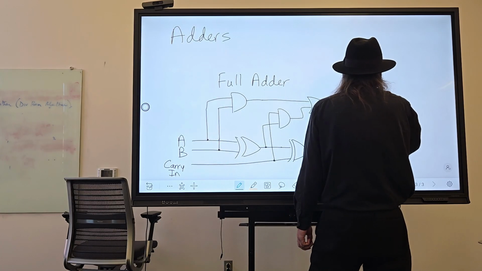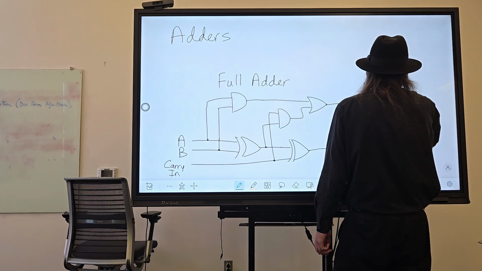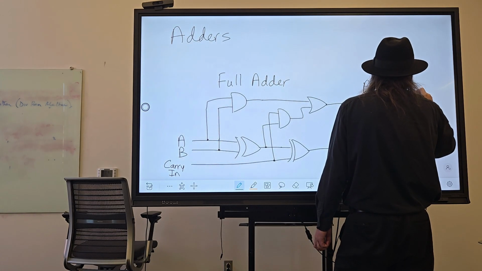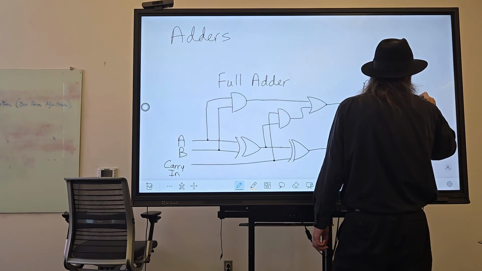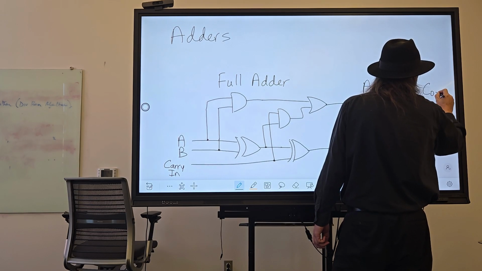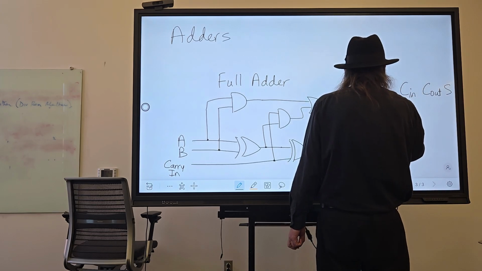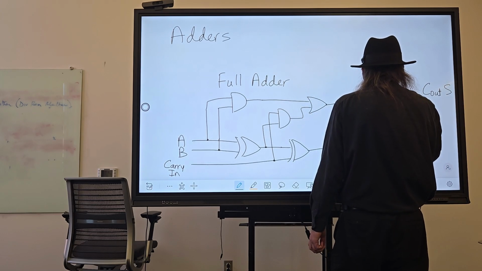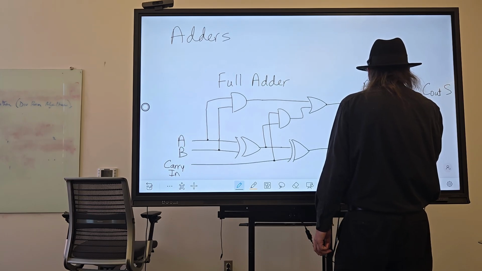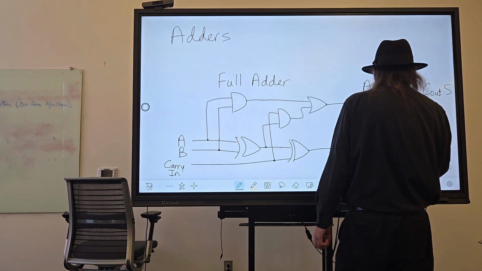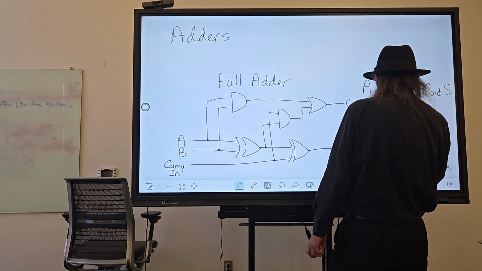And the state table for that. I'm gonna run out of room here.